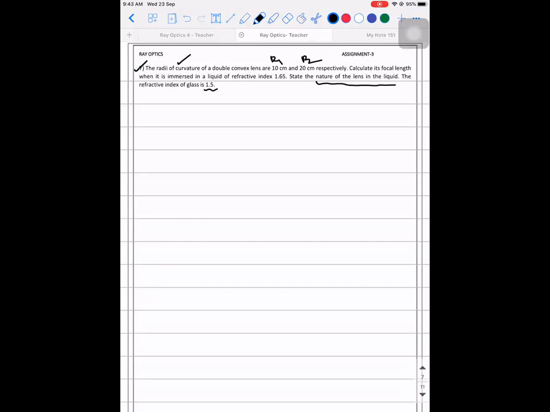For example, in this case, the lens is made up of glass whose refractive index is 1.5, but it is immersed into a medium whose refractive index is greater than 1.5, that is 1.65. Then the nature of the lens will exactly become the opposite. Means a convex will start behaving like concave and vice versa. So here it is a convex lens, so it starts behaving like a concave lens.